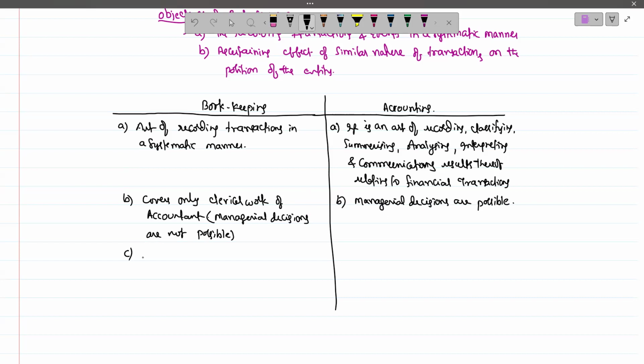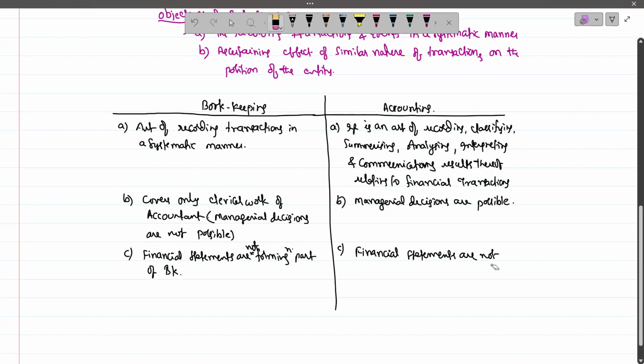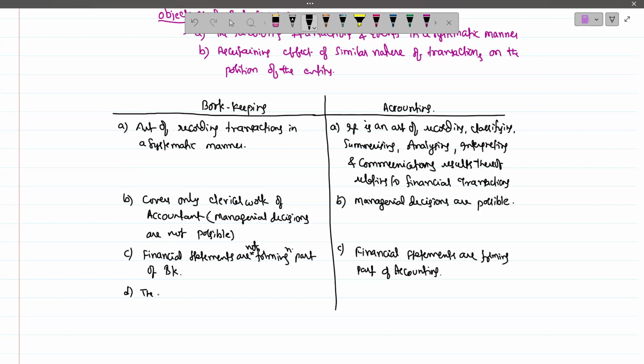And another thing, the financial statements are not forming part of bookkeeping, but financial statements are forming part of accounting.